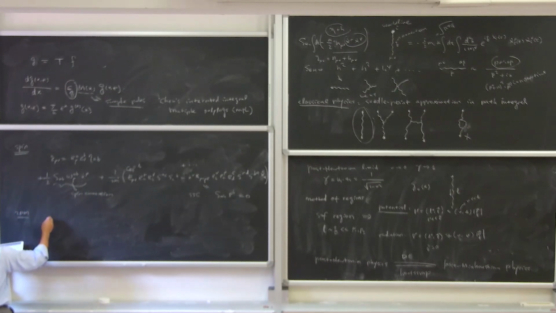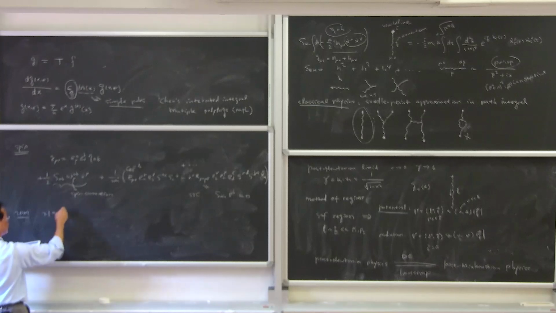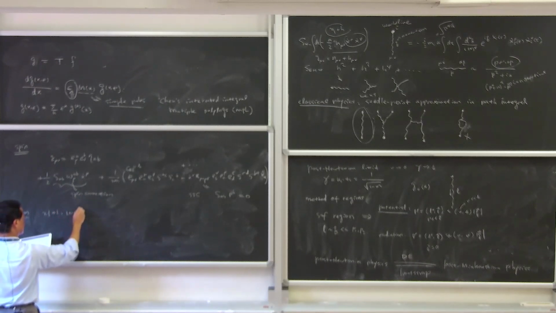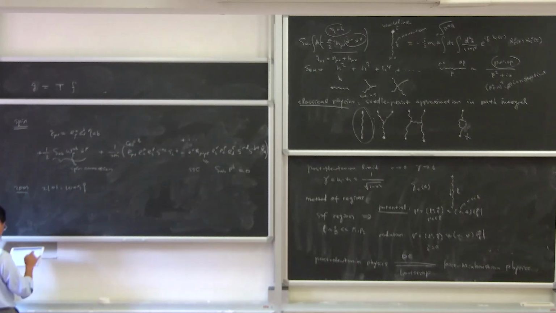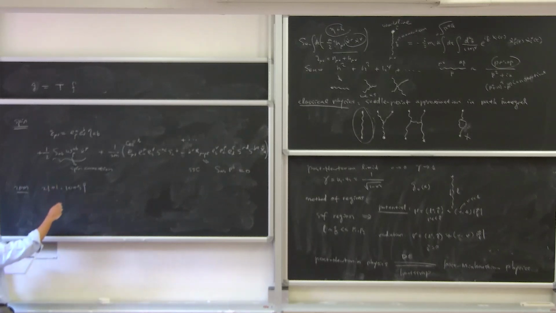So in this paper, we compute the next-to-leading order result up to spin square. From the spin tensor, we compute the spin vector.